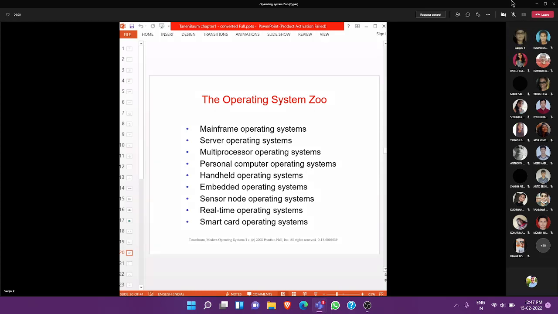So the mainframe operating system is a high-end operating system. It will have more IO capability. That means after storing the data in the corporate database, the transactions would be more.